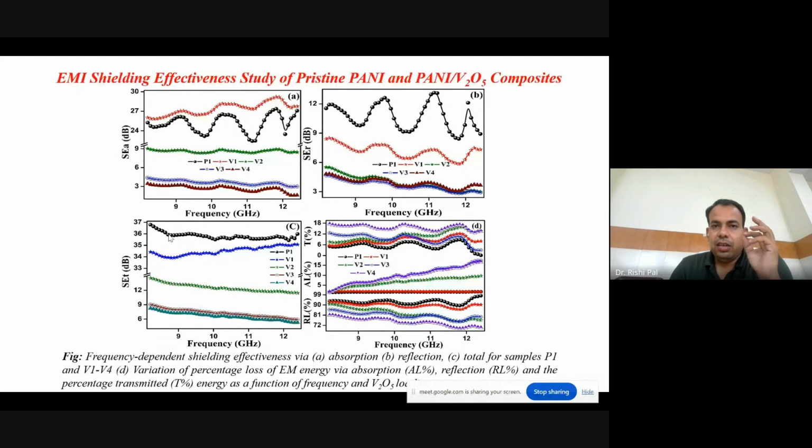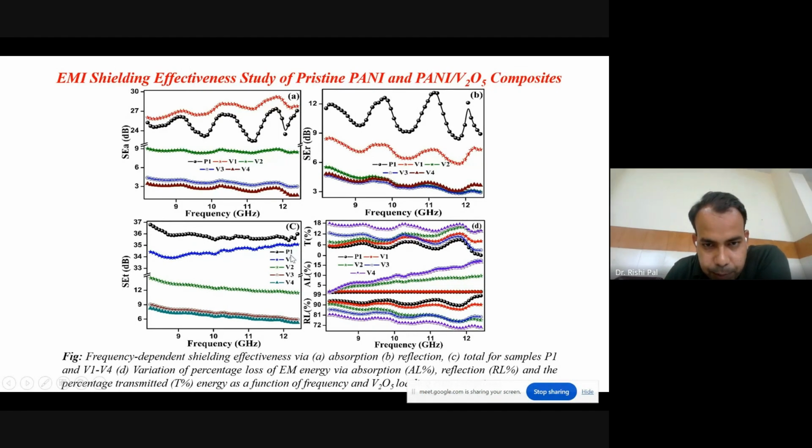First is polyaniline with V2O5. V2O5 is not a conducting material, nor is it a magnetic material, but we studied this material to compare magnetic and conducting materials. It is useful for shielding everything.